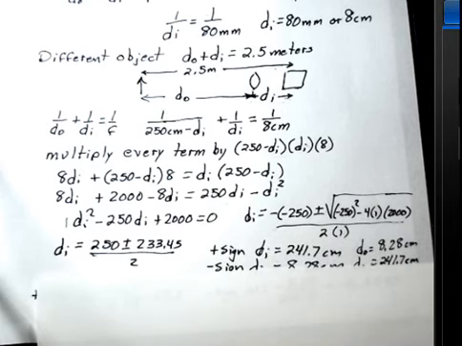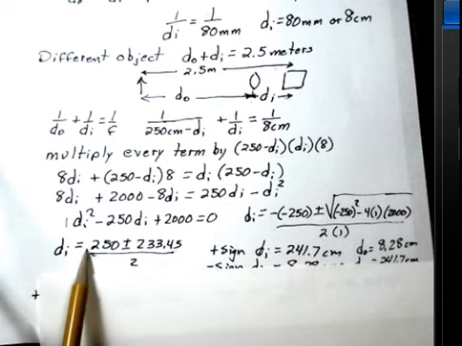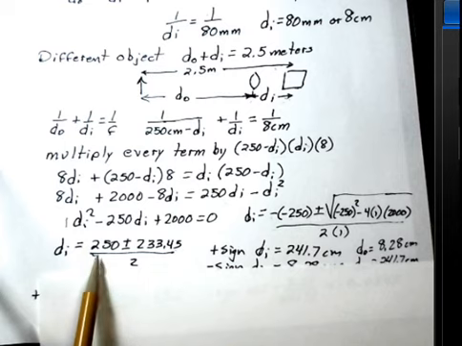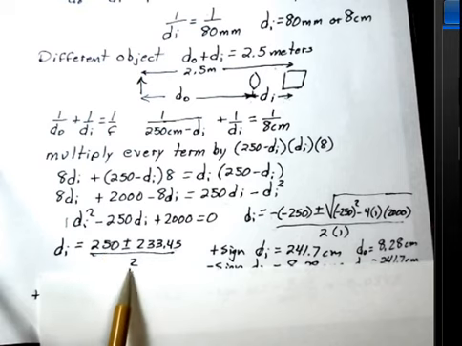What I came up with after I did the square root was 233.45. Minus a minus 250 creates a positive 250. So 250 plus or minus 233.45, and we do this numerator calculation, then we divide by 2.